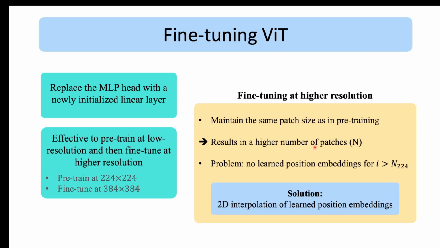And that means there are some positions in the new sequence that we do not have any learned position embeddings for them. But the authors propose to use 2D interpolation to resolve this problem. And although we didn't want to rely on any inductive bias, this is the only place that we use this 2D structure assumption.